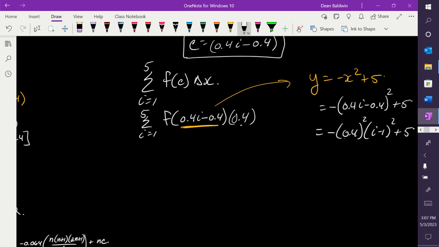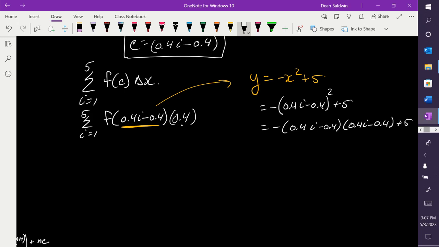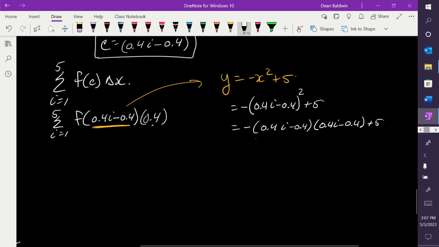Okay, let's go back to the other one. Let's FOIL this. I'm going to do it old school, people. Plus 5, so not squared. Sorry. The heat's getting to me too. Okay, there we go. Now we have to FOIL this. 0.4i times 0.4i.